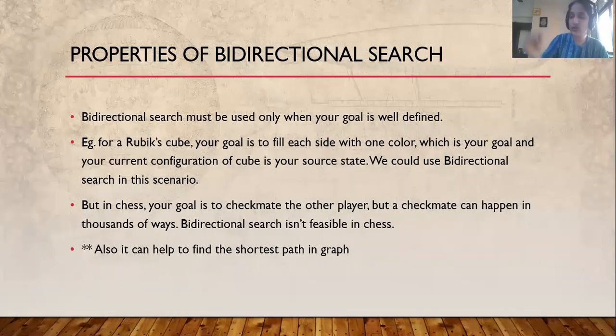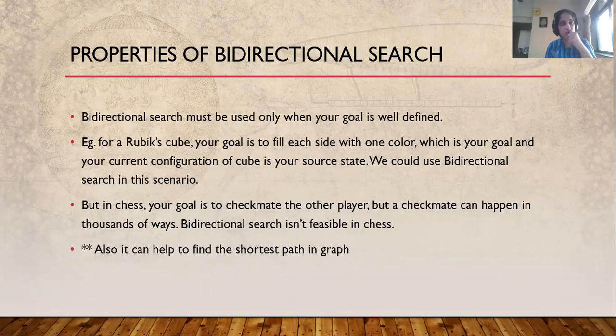Or, as I told you, you want to go from location A to location B, and if you fix that we have to go to location B only, then yes, we can say that the goal node is something which is defined. So bidirectional search will be used at a place where the goal nodes are going to be fixed. That is the only scenario in which we can call that this state would be a goal state.